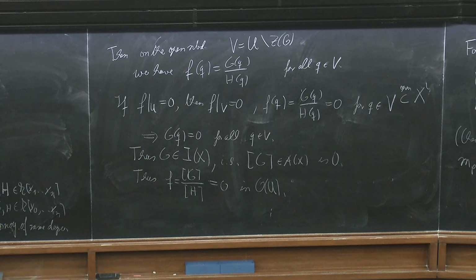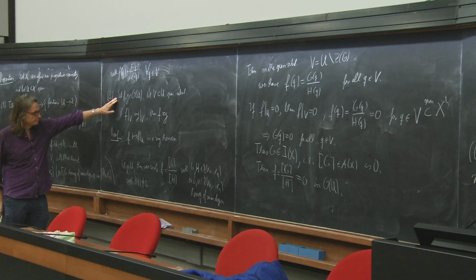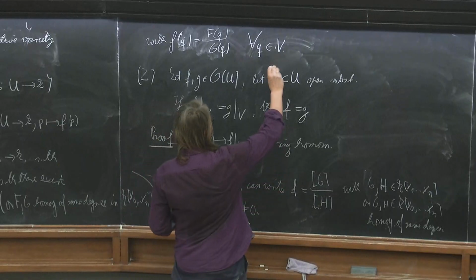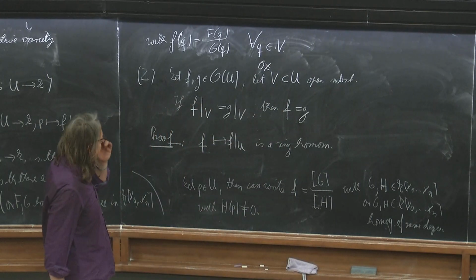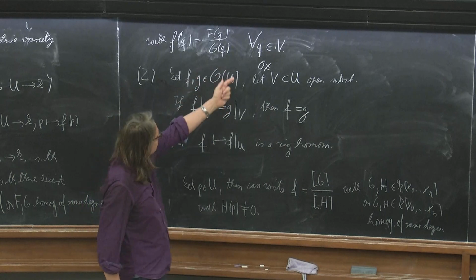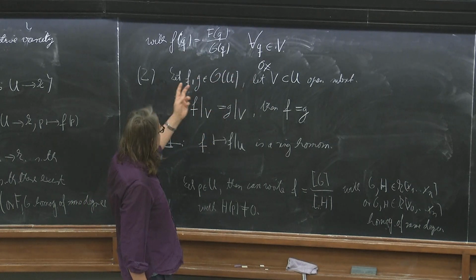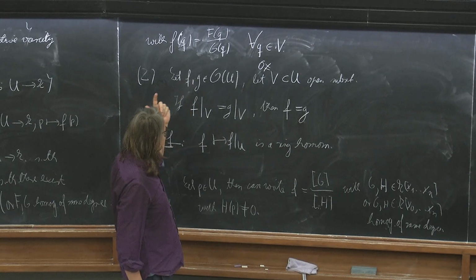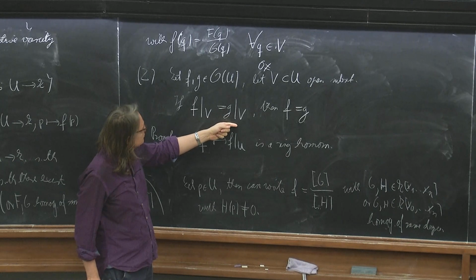Okay, so this shows this part 1, and the second part is trivial. So V should be a non-empty open subset, because obviously if f and g are in O(U), and we have an open subset, they also are in O(V).